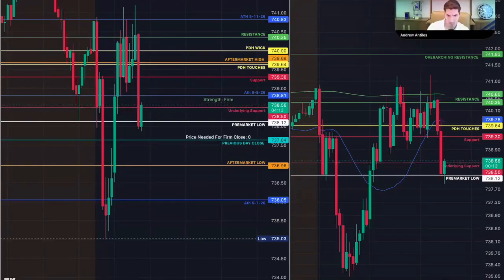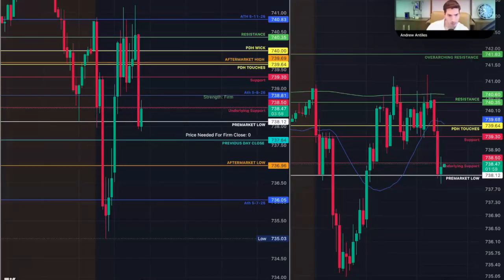And stop loss is going to go in at 134. Stop is coming off.